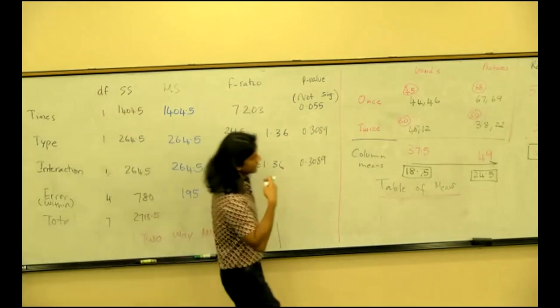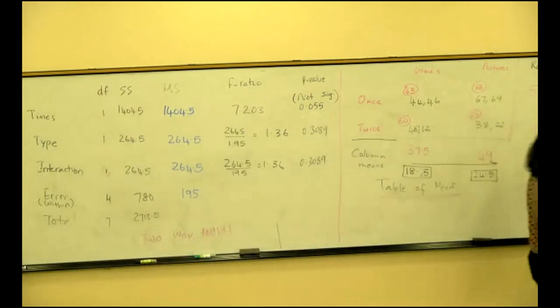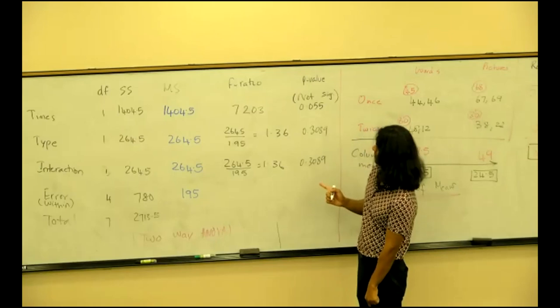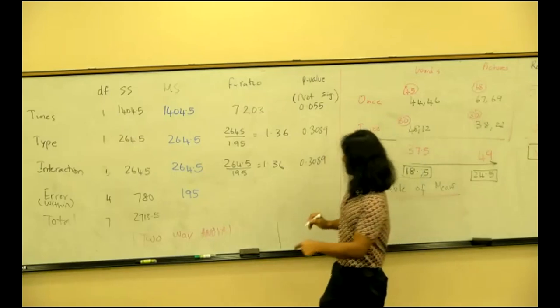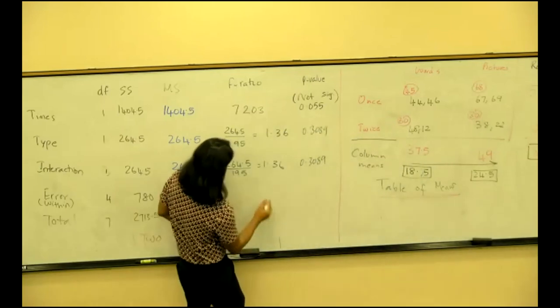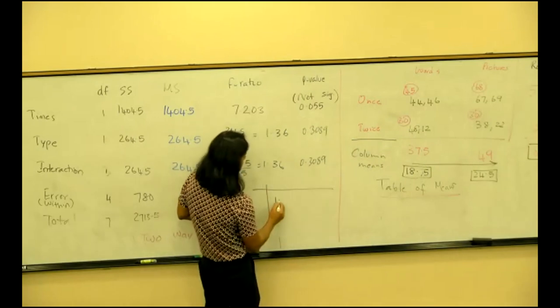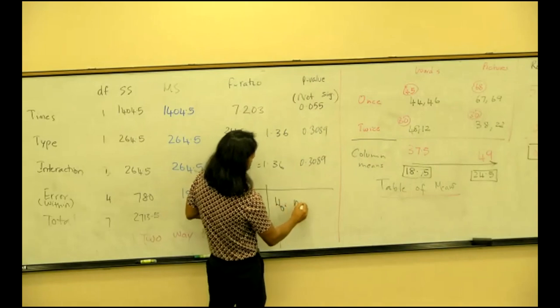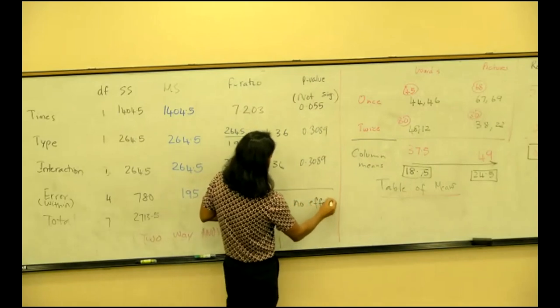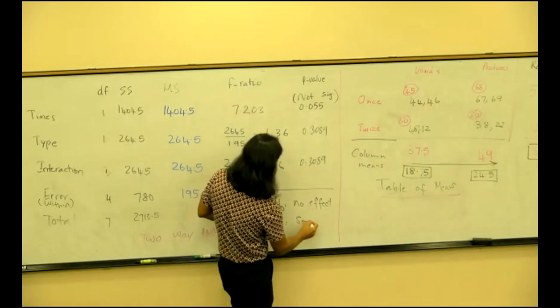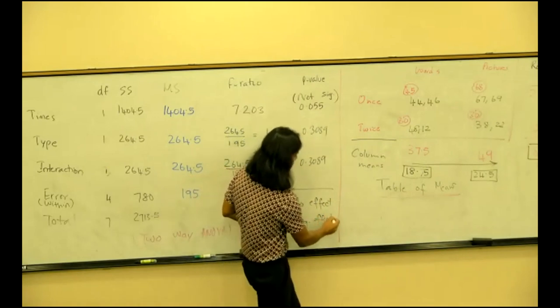What about the type of item? Is there a significant effect? So I guess I'll write it here. No matter whether it's main or interaction, null means no effect. Alternative means evidence to support that there is a significant effect.